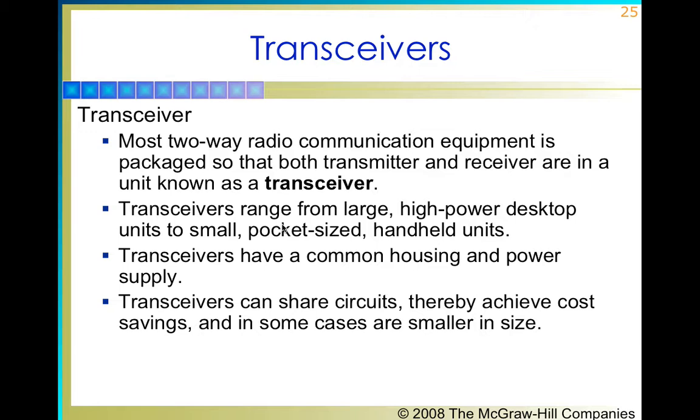They have their own housing and their own power supply, and they can vary in cost. They are usually employed in circuits to save cost, instead of making dedicated receivers or transmitters. We have one transceiver circuit which shares some circuitry between the transmitter and receiver operations by employing some relays in the circuit.